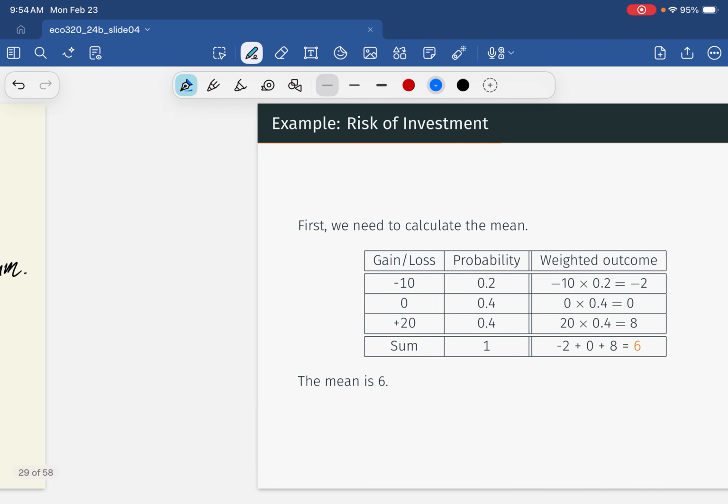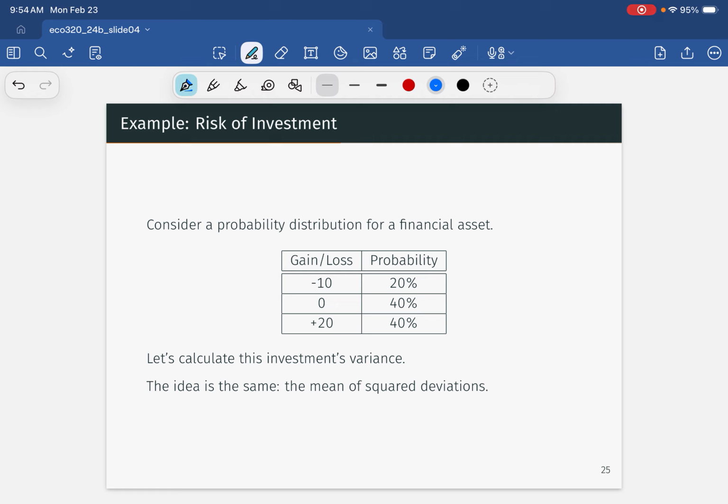So for example, we are going to consider another example. We are going to consider a probability distribution for a financial asset, right? Simply, I'll consider 3 possibilities. It may return minus $10, or it may return nothing, or it may return $20. So loss or gain. And the probabilities are given like this: 20%, 40%, and 40%. We would like to calculate the variance.